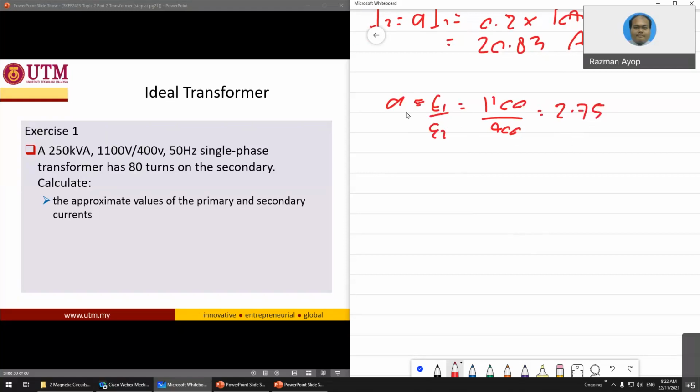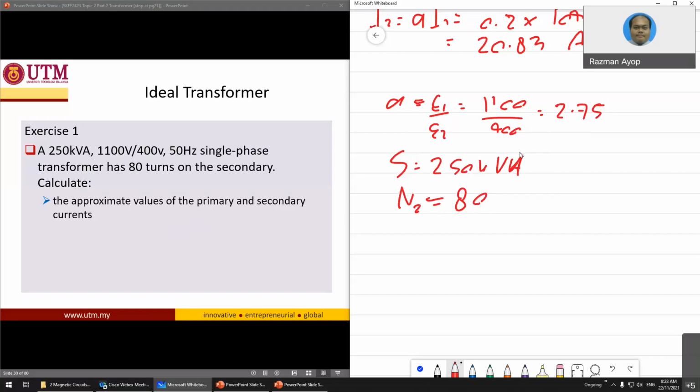So you have the a, and now you have to find the current. You have S equals 250 kVA, and you have N2, the turns on the secondary, which is 80 turns. So how to calculate the current?